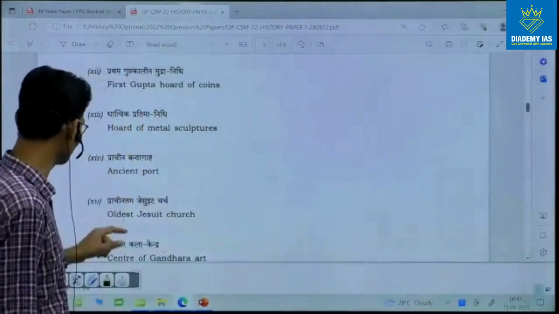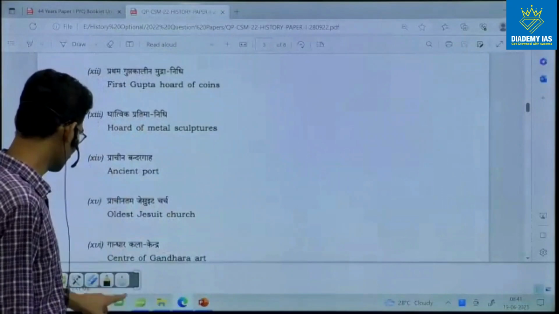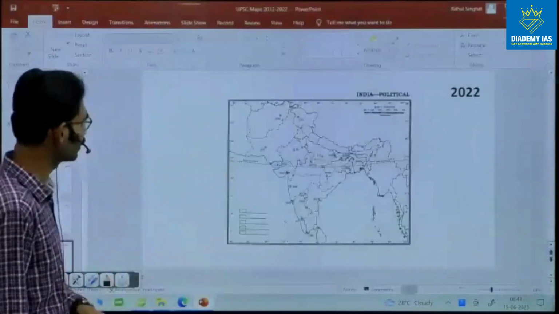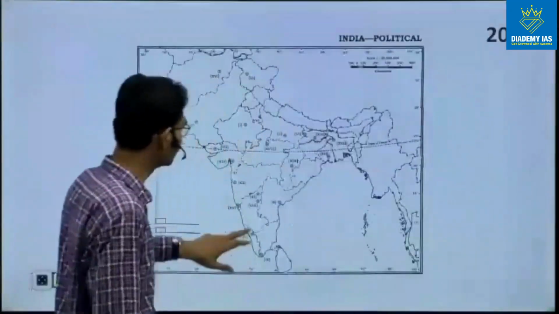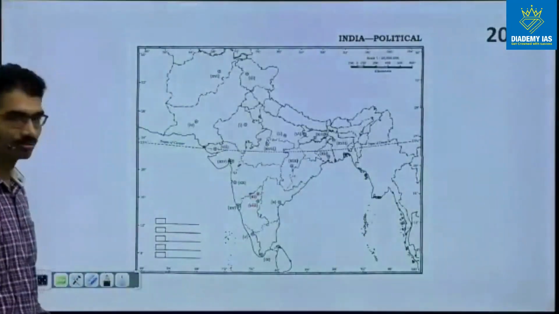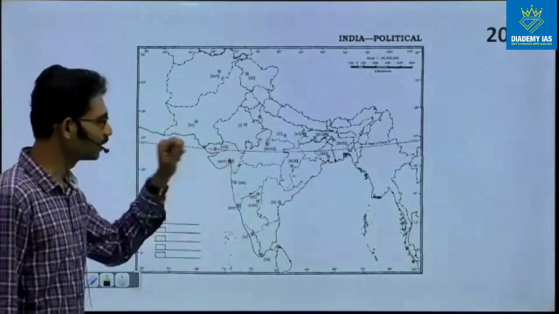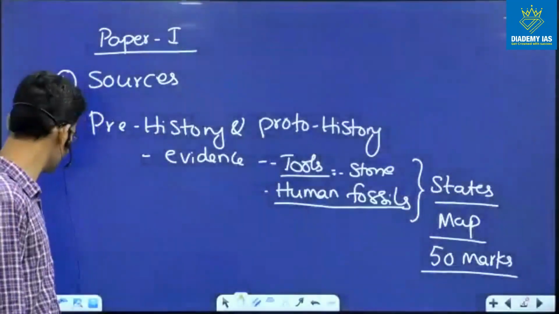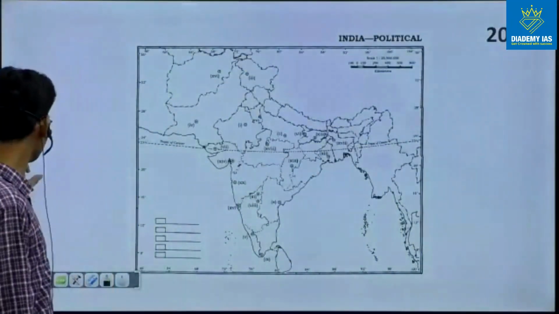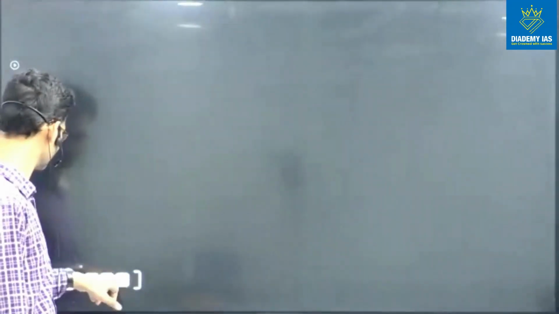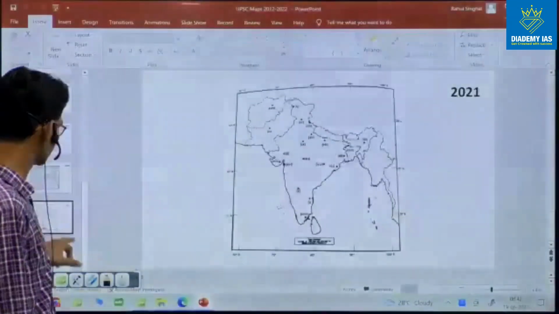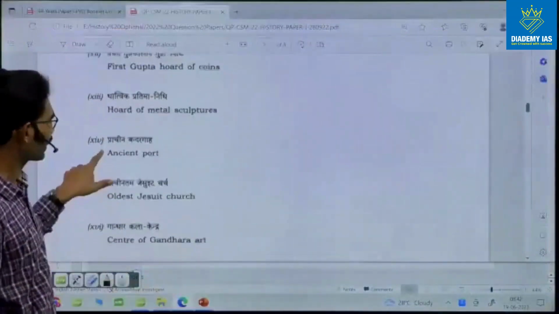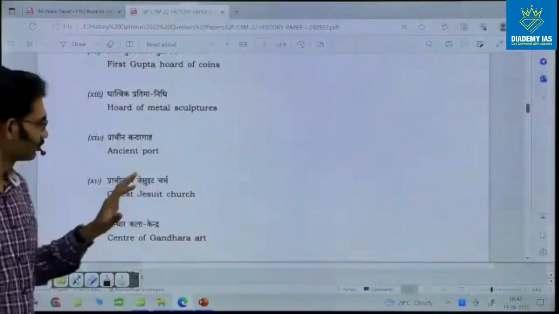Now it is 2022. 14th question, 2022. So Lothal. So likewise, whatever may be the location, our concern is what is the exact location.